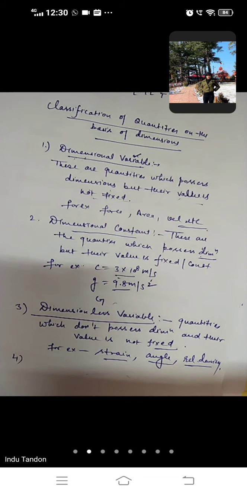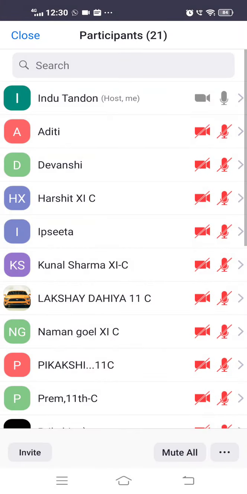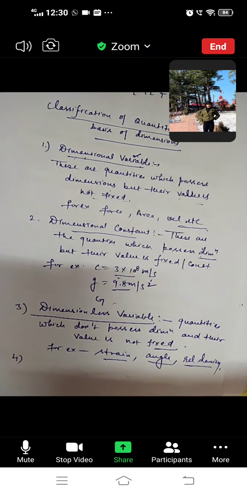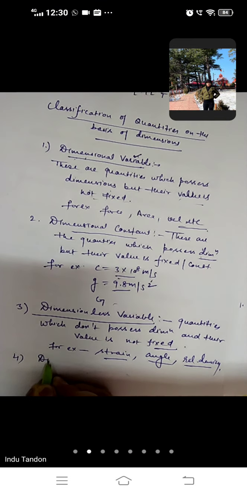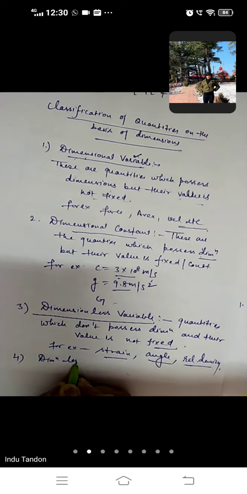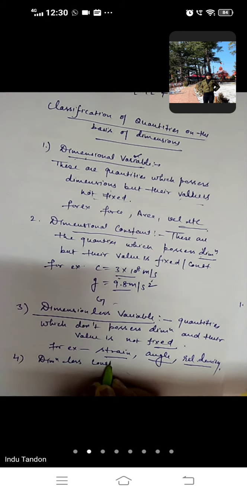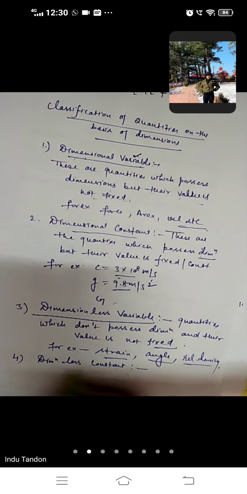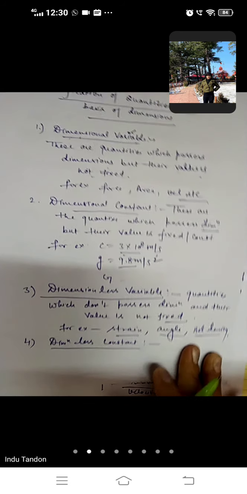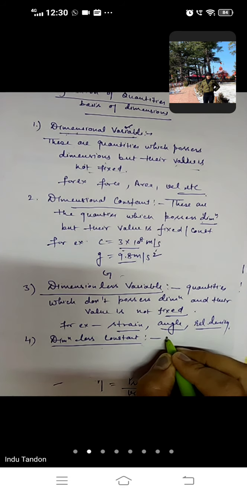Next is dimensionless constant. What do you mean by dimensionless constant? Quantities which do not possess dimensions and their value is fixed.